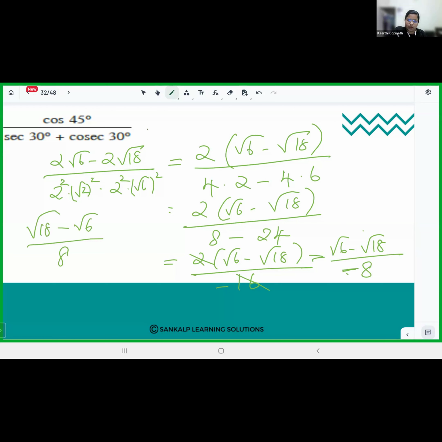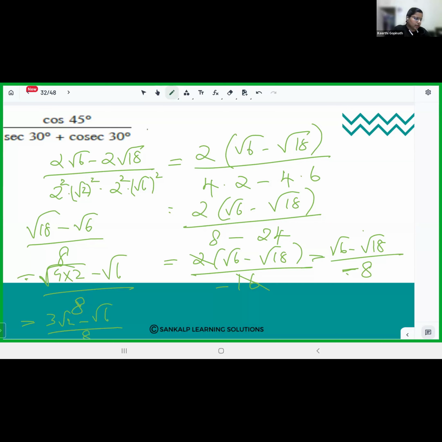So root 6 will become minus root 6 and minus root 18 will become plus root 18. So root 18 minus root 6 by 8. This again can be simplified. That is root 18 can be written as 9 into 2. Right. Minus root 6 by 8. So root of 9 is 3. So 3 root 2 minus root 6 by 8.